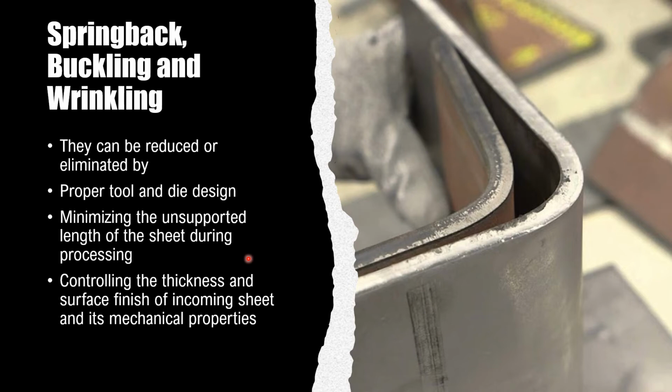You can also minimize the unsupported length of the sheet during processing. You can control the thickness and surface finish of your incoming sheet and its mechanical properties. By controlling them, we can reduce or eliminate spring back, buckling, and wrinkling.